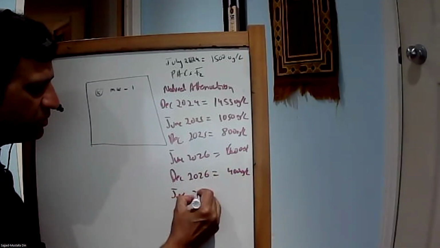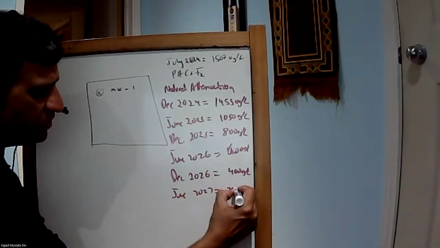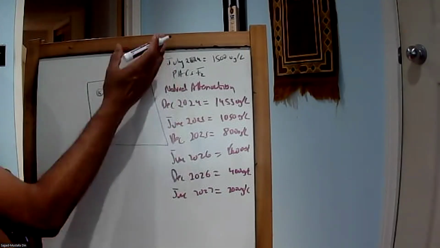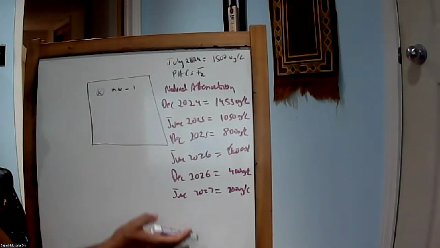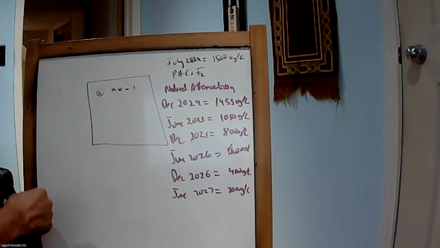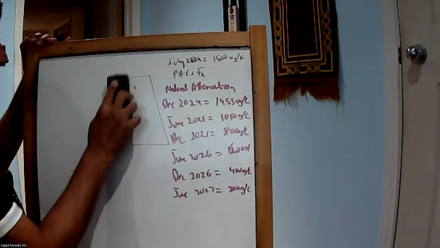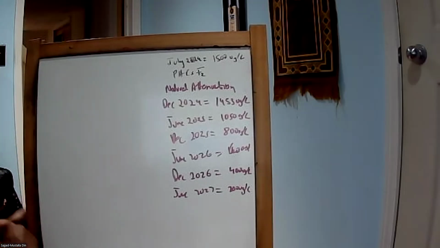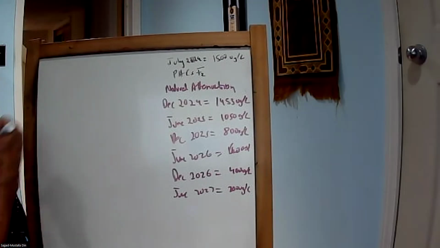And then in June 2027, you've reached your target. You're below 250, right? You've been sampling over time, and these are the results. But the best way to depict this for a long-term monitoring plan would be in a figure.